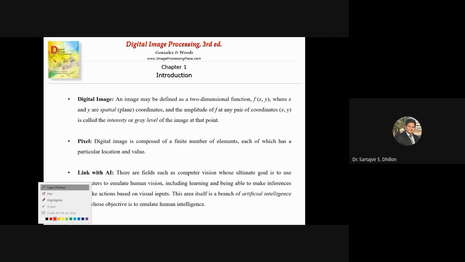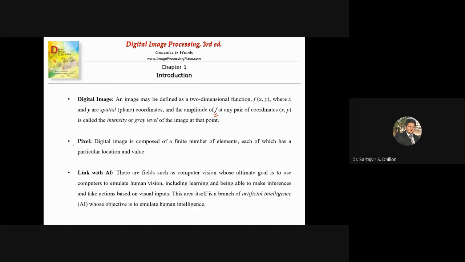One second, I have to take the marker. Okay, yes, a digital image is a two-dimensional function. It is very clear, there is x and y. X and y represent the spatial coordinates, and f is the amplitude, which represents the intensity of a gray level within that image at a particular point.